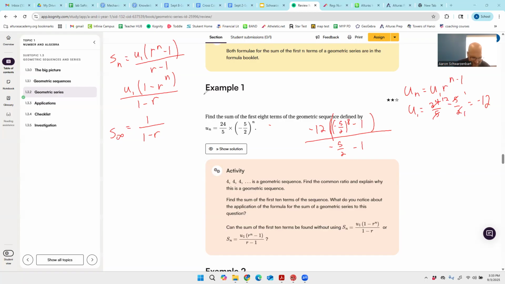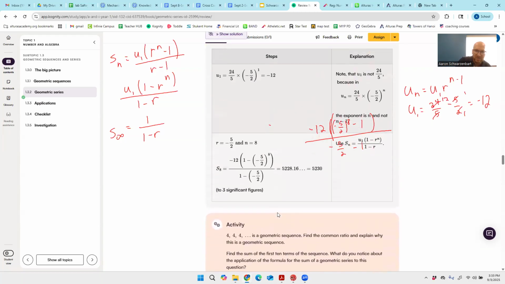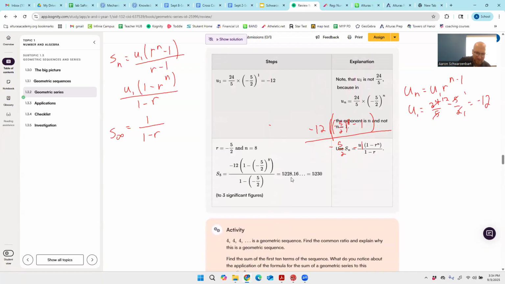And I get like 163,000 over 8, or 5228.16. I got that on the calculator.